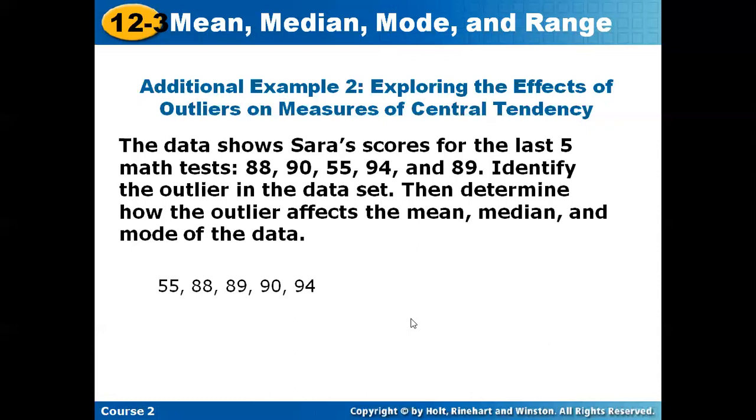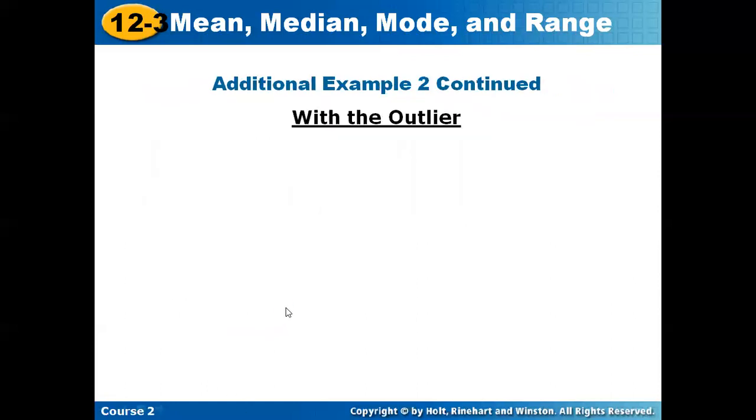So we have here Sarah's scores in a math test: 55, 88, 89, 90, and 94. What is the outlier here? The number that is much greater or less than compared to the other numbers. We have 55. So the outlier is 55.